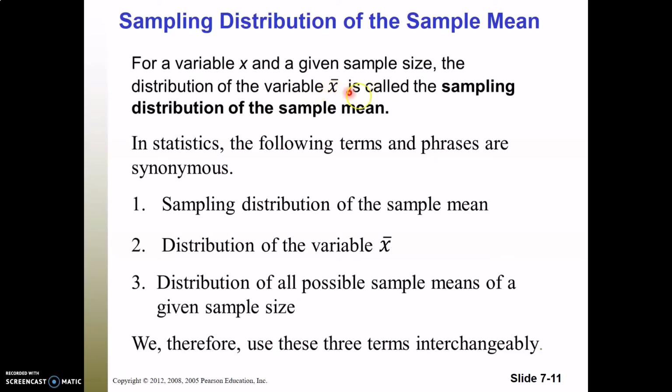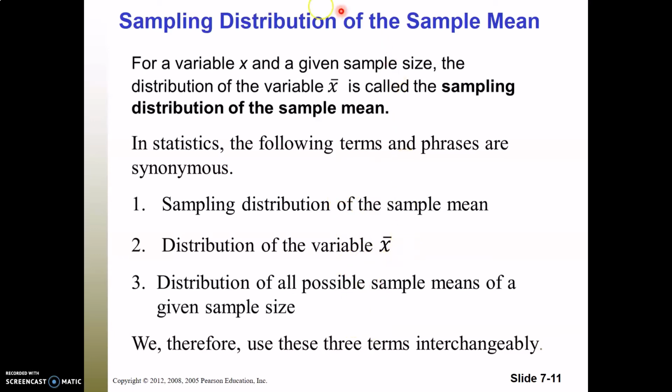The distribution of the variable x bar is called the sampling distribution of the sample mean. In this chapter, these three phrases are the same: sampling distribution of the sample mean, or the distribution of the variable x bar, or the distribution of all possible sample means of the given sample size. These phrases have the same meaning.